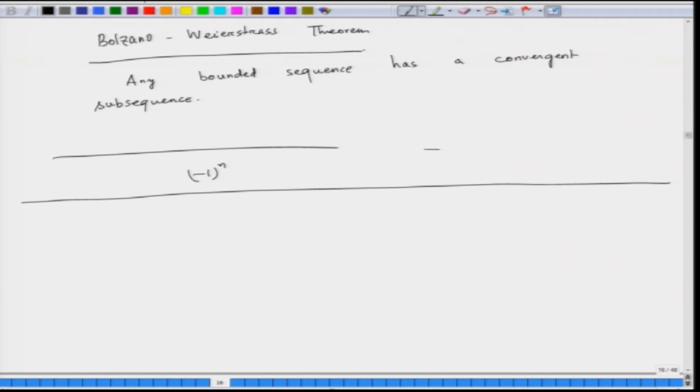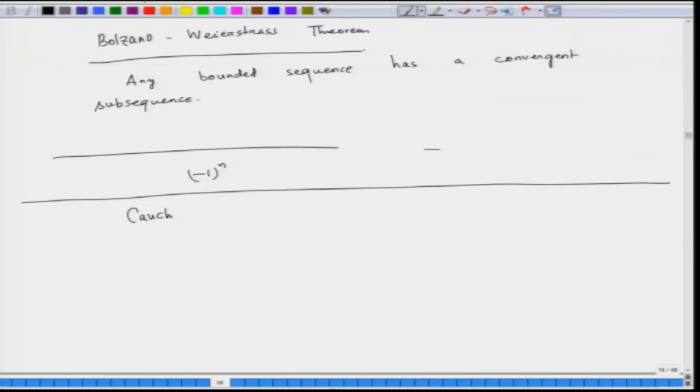Of course, if it is monotonically increasing and bounded above, then the sequence converges, but not all the time is it going to be monotonically increasing and bounded above. So, this is where the concept of the Cauchy sequence comes in. So, what is a Cauchy sequence?